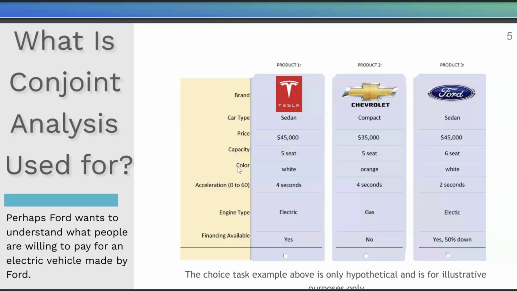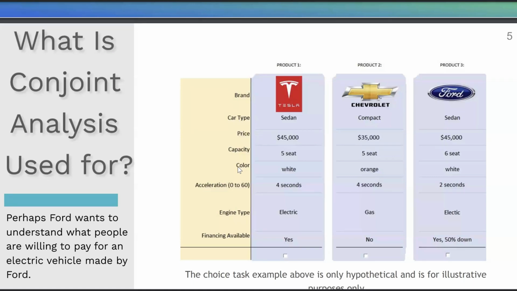That's coming out. For example, you can set up a conjoint analysis where the choice tasks you're looking at here right now have various attributes and their levels. It's the three products that you see. One is a Tesla, then a Chevy, and then the Ford, and one is a sedan and a compact. These are the various price points. This is the capacity of the car, a 5-seater or a 6-seater.